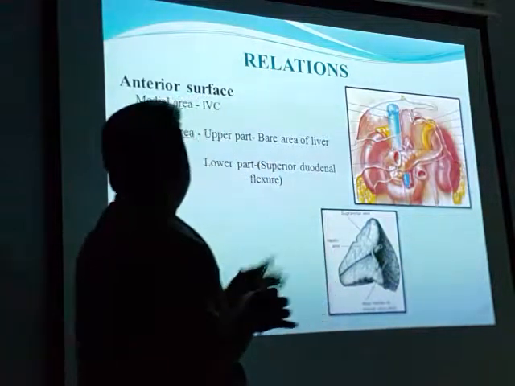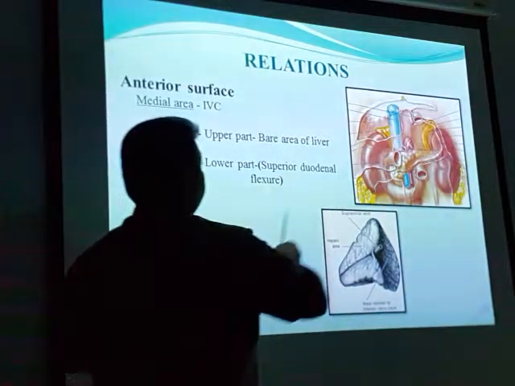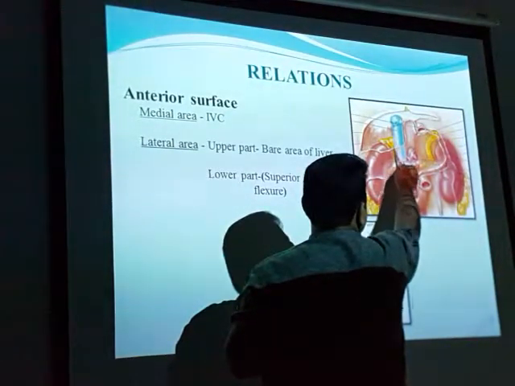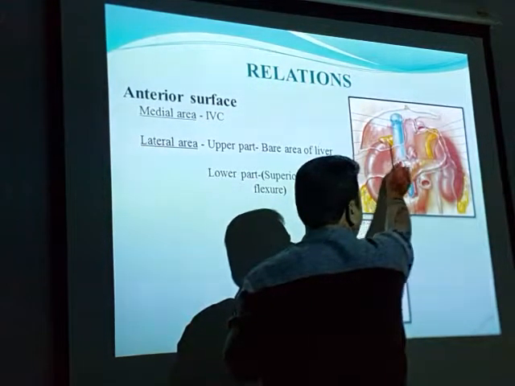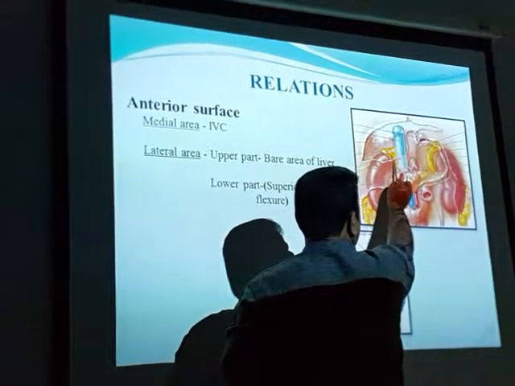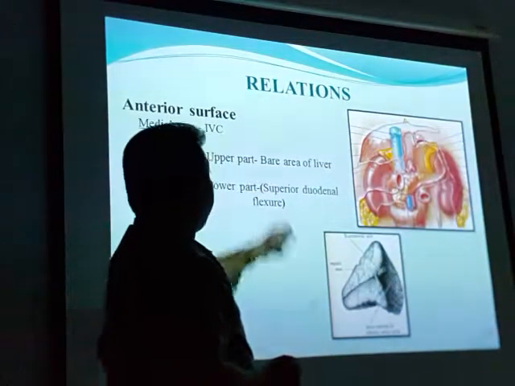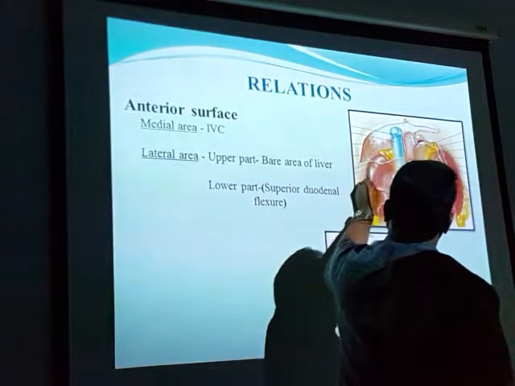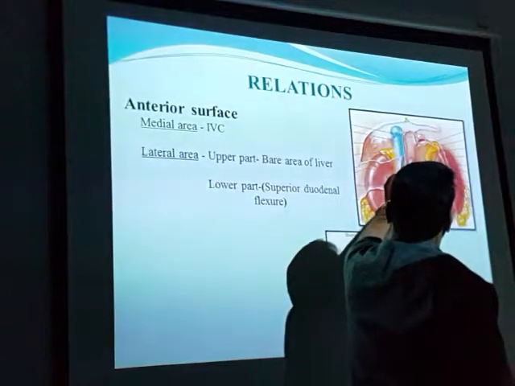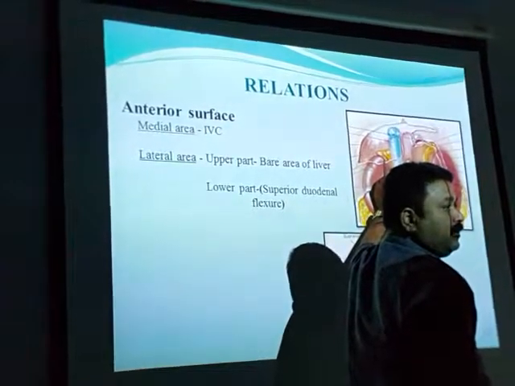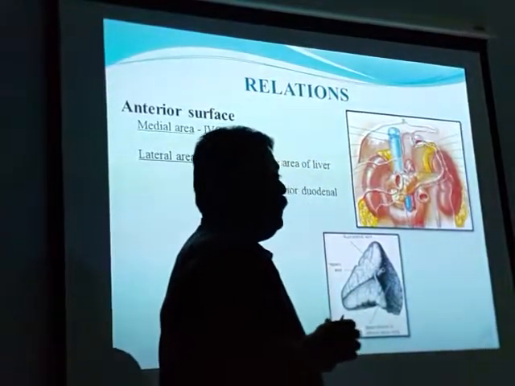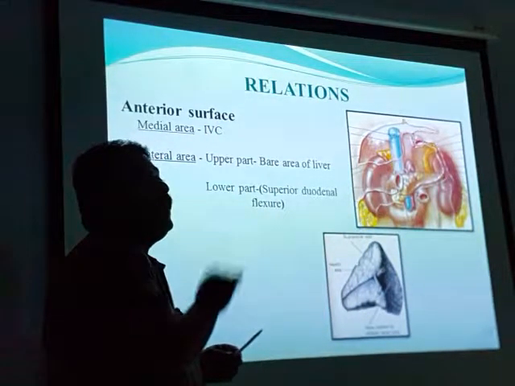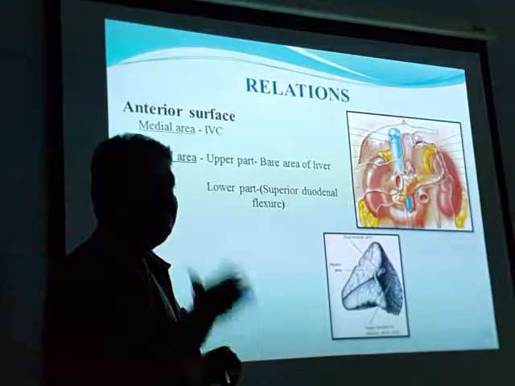Okay, and the lateral area again is divided into an upper and a lower part. This is about the medial area. The upper part is related with the bare area of the liver. So it is the bare area of the liver.